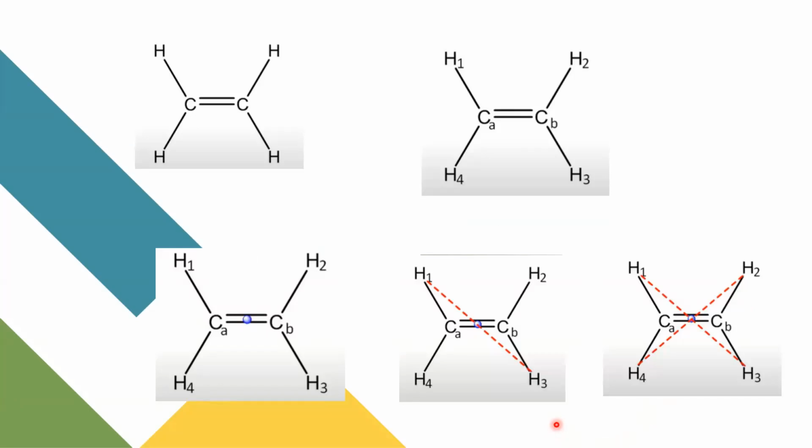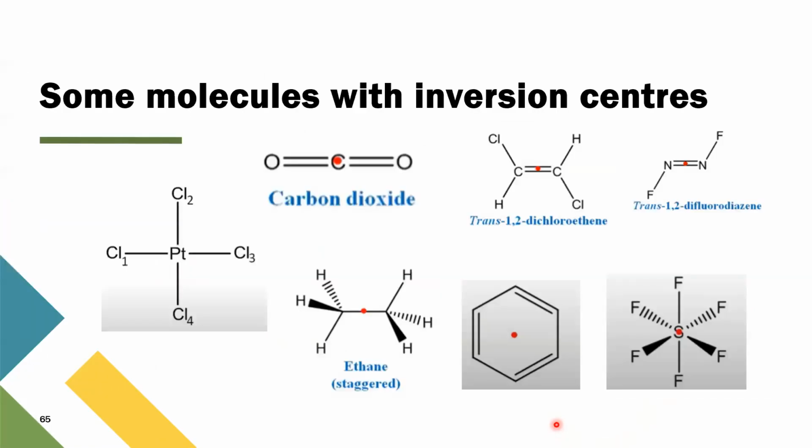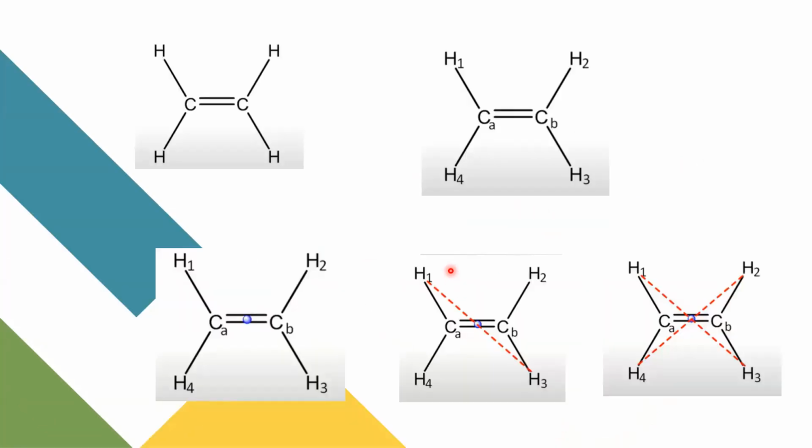So molecules which have inversion centers, here carbon dioxide, the midpoint. Madam, can you show the previous slide? Here the inversion means H1 all same, no? The numbers. Hydrogens are labeled for your convenience, but all these are hydrogen atoms.